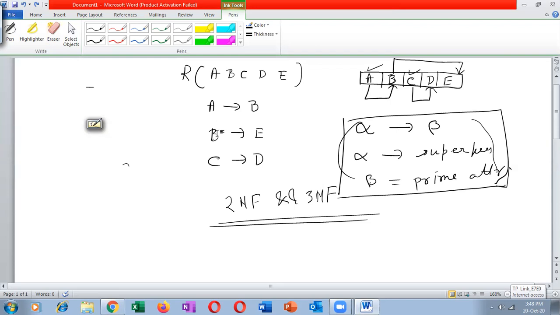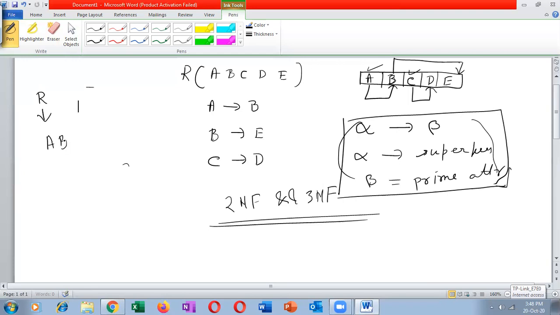Now I will transform R into 3NF. Identify which dependency is creating a problem for you. A to B is creating a problem for me, so keep A, B together.